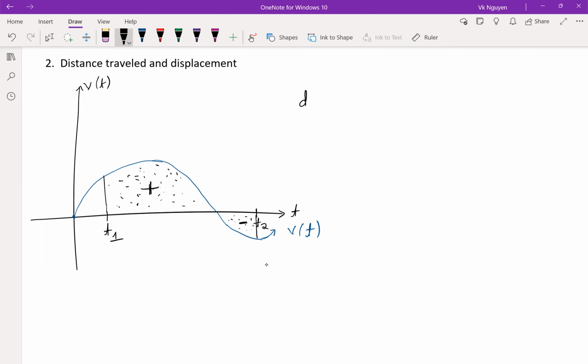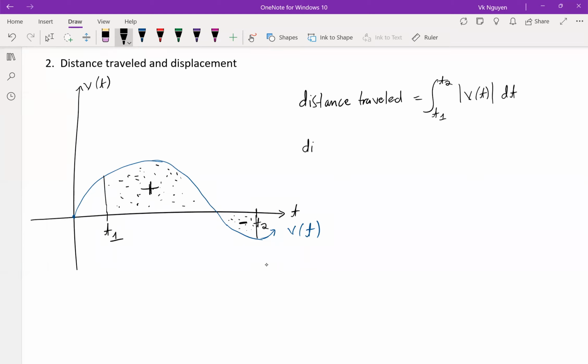Distance traveled. Well, to get the absolute value, we do the integral from t1 to t2 of the absolute value of the velocity.